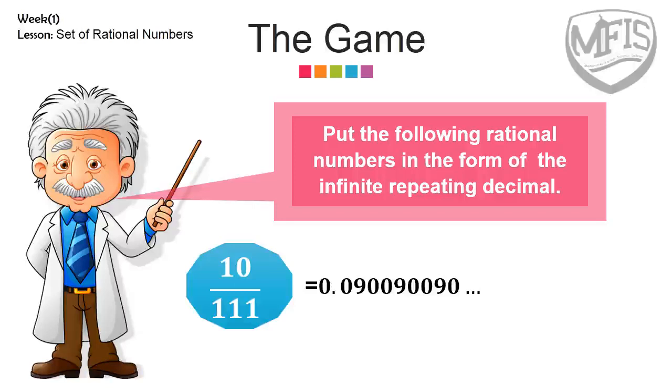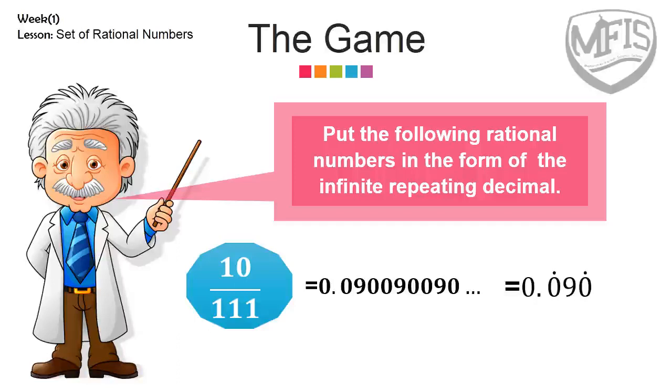The recurring digits are 090. So the result will be 0.090 with dots above the zeros. Why? Because the first zero and the last zero are the first recurring digit and the last recurring digit. I don't put dots above each recurring digit, but only the first and the last digits in this sequence.